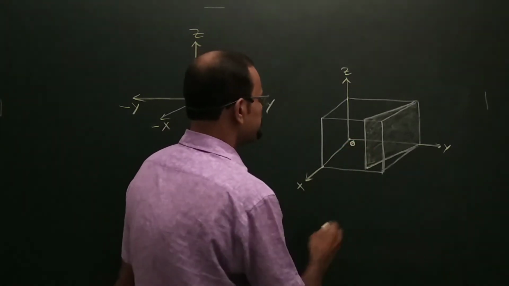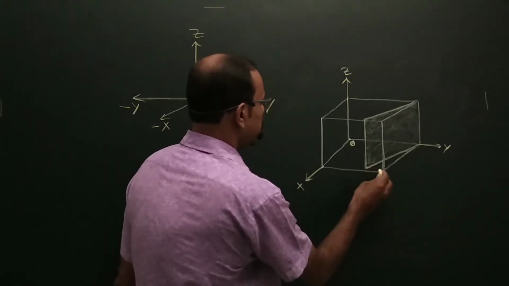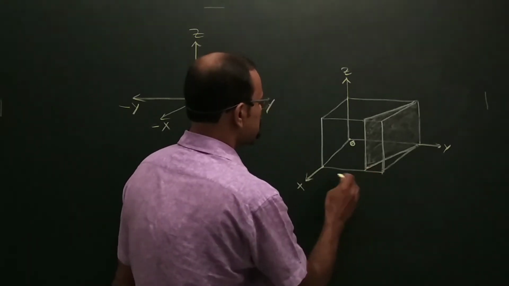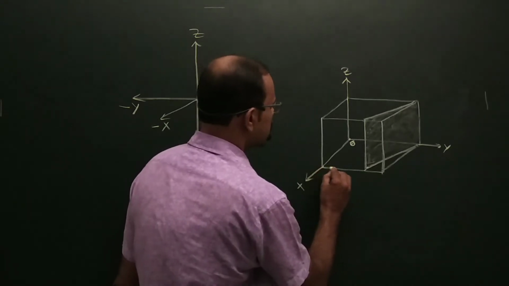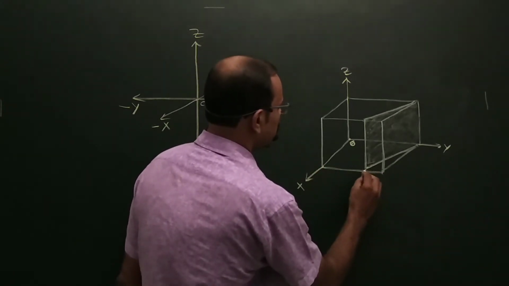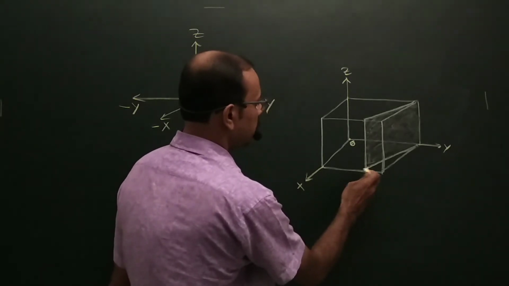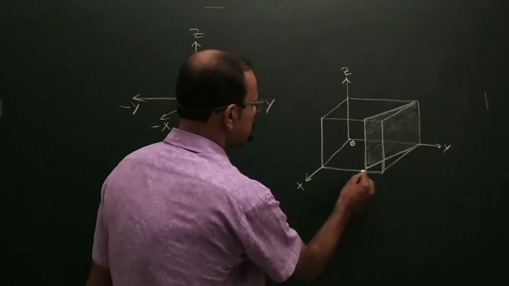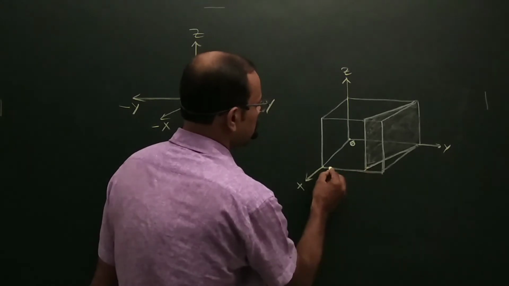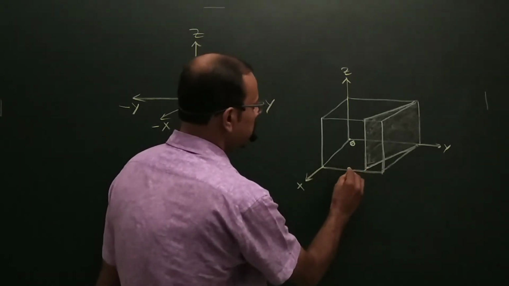Now this plane intersects this edge at 1/3 of the length. That is, it divides this edge into 3 equal parts.